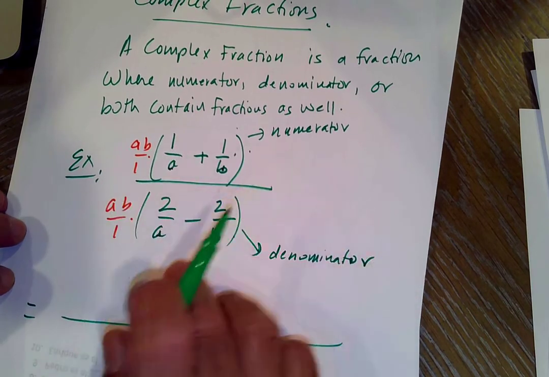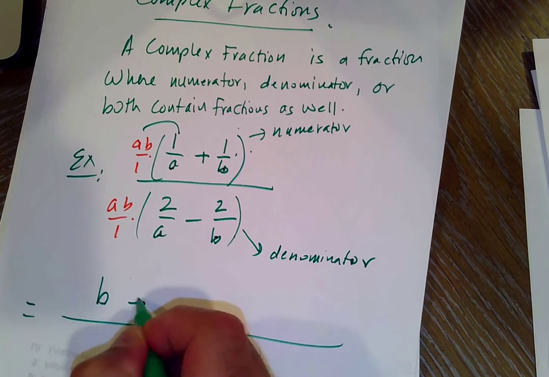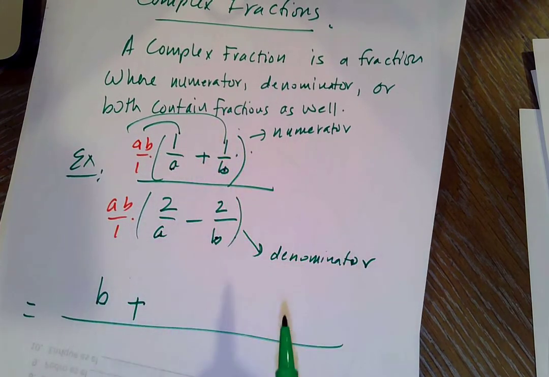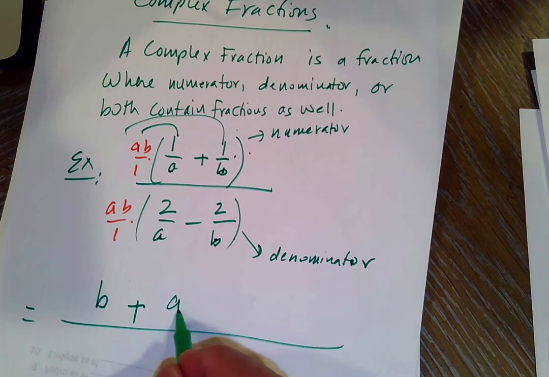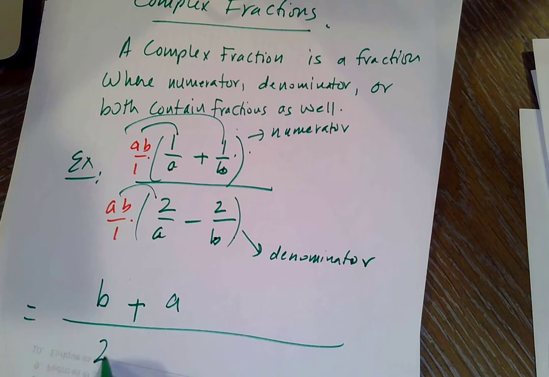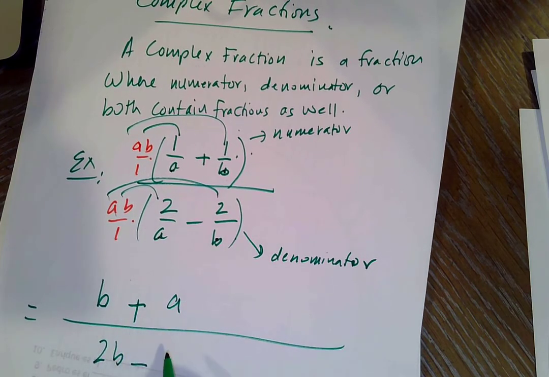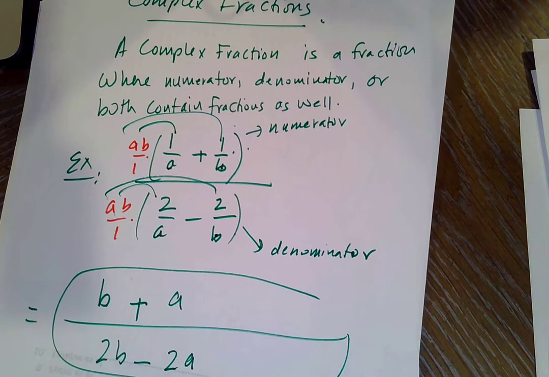So we can clear out all these secondary denominators. ab over 1 times 1 over a is b. ab over 1 times 1 over b is a. ab over 1 times 2 over a is 2b minus ab over 1 times 2 over b is 2a. And that would be my final answer.